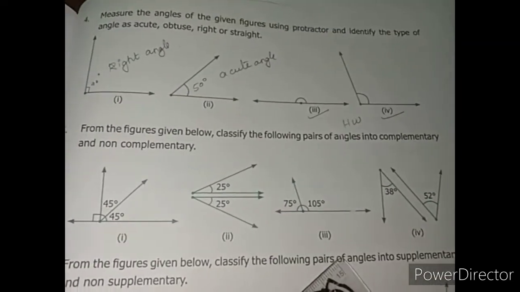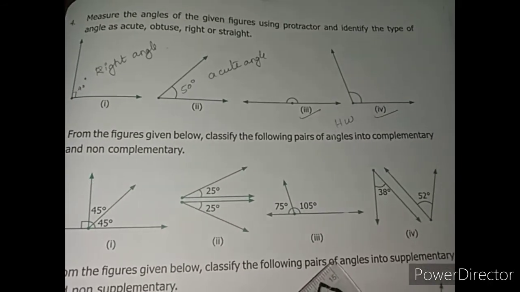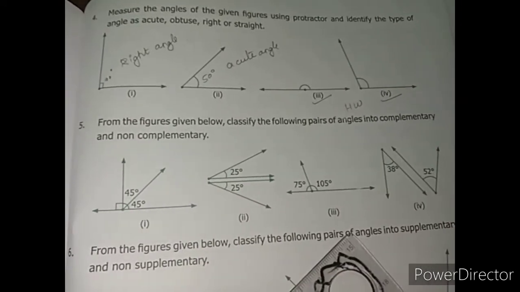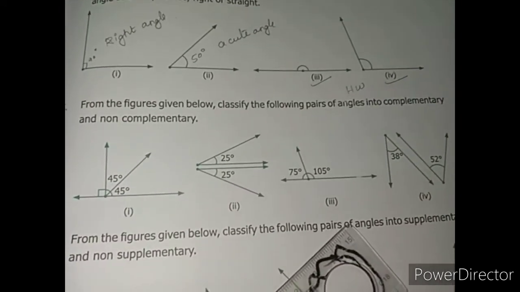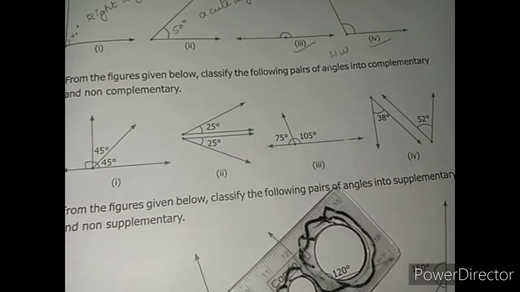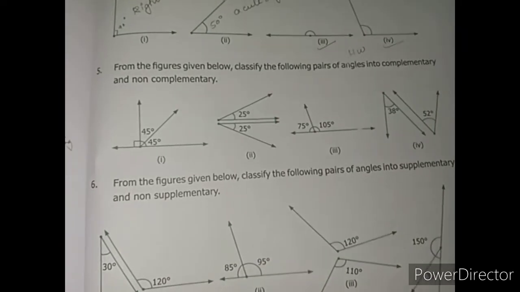See the next question. From the following figures given below, classify the following pairs of angle into complementary and non-complementary. So, I told you what is complementary. When you add or when you see the figure, it should be exactly 90 degree. When it gives exactly 90 degree, it is a complementary angle.